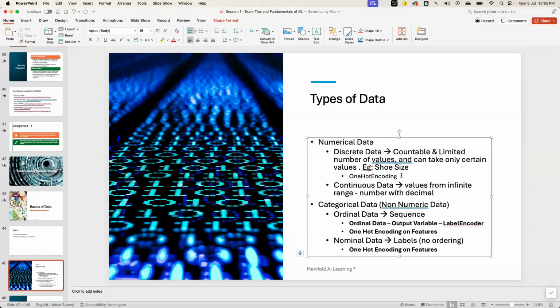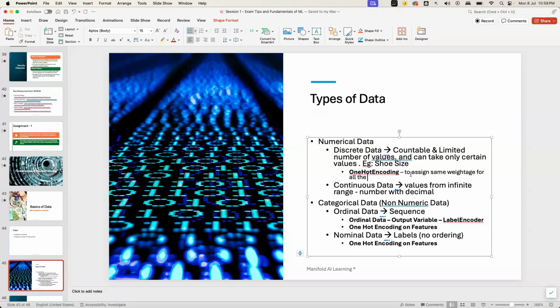Maybe in some cases I just want to keep the values as they are, and in such a scenario we will not do the transformation. We'll use one hot encoding to assign the same weightage to all the discrete values.